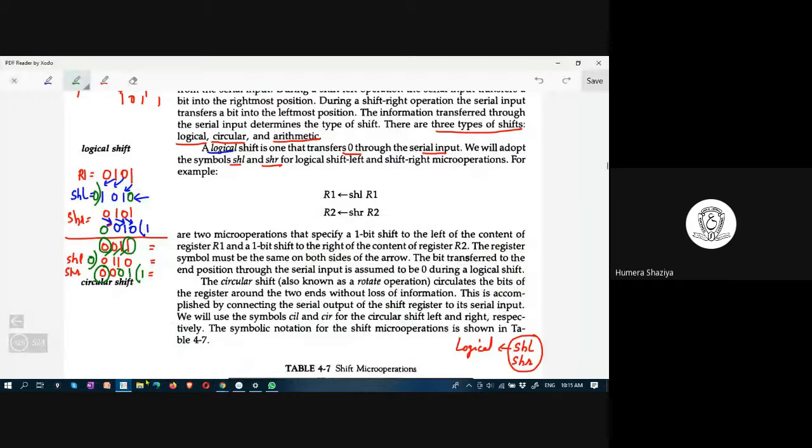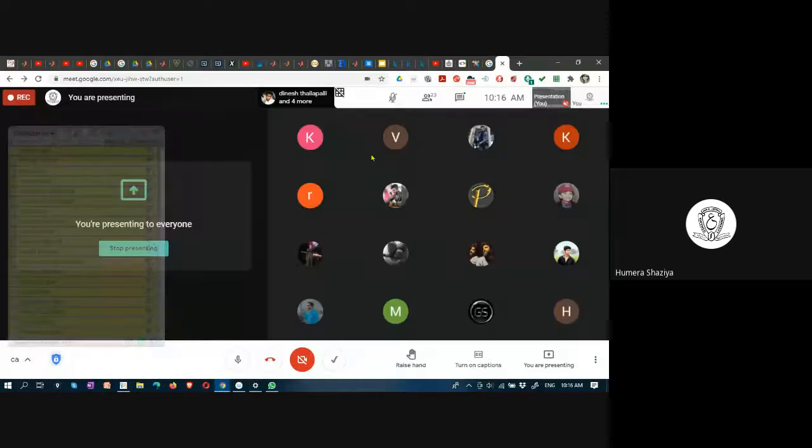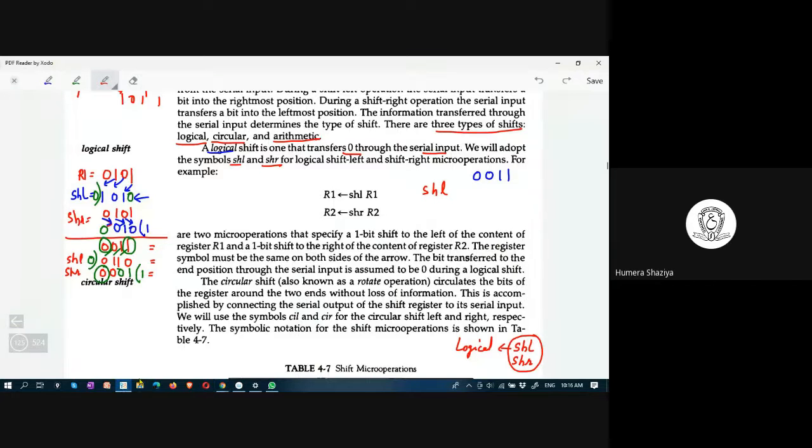Here, 0011. Okay. We will perform now shift left. When we are performing shift left, this is the leftmost bit.